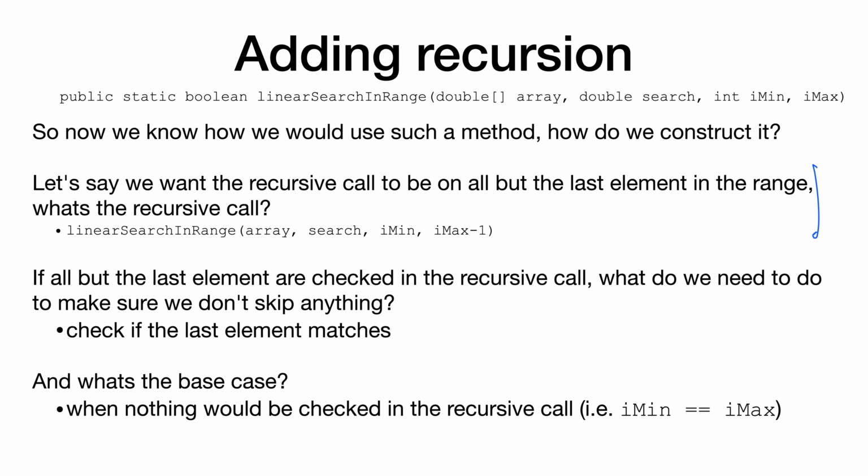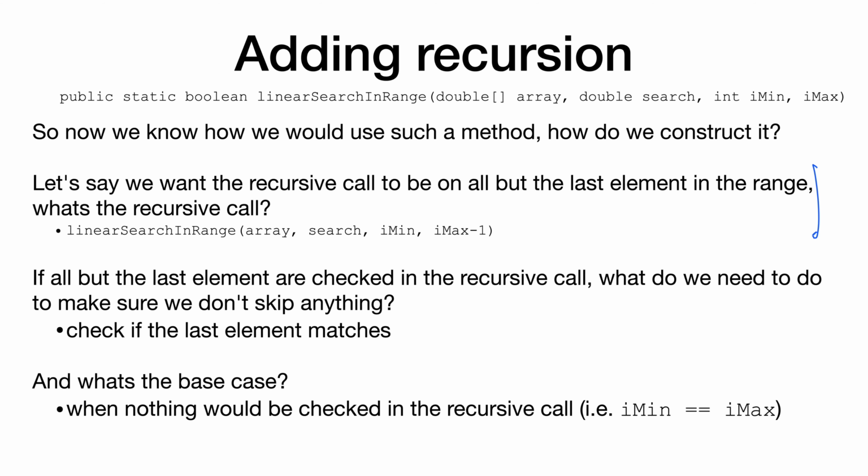Without knowing that, we also need to make sure that we check personally. So this range is going to be one smaller, and we need to check that last element ourselves in the current step. And then the base case is basically when nothing would be checked in the recursive call, meaning the range in the recursive call is empty. So we would stop when min equals max. When there's only one element left, we know we just need to check that and return.